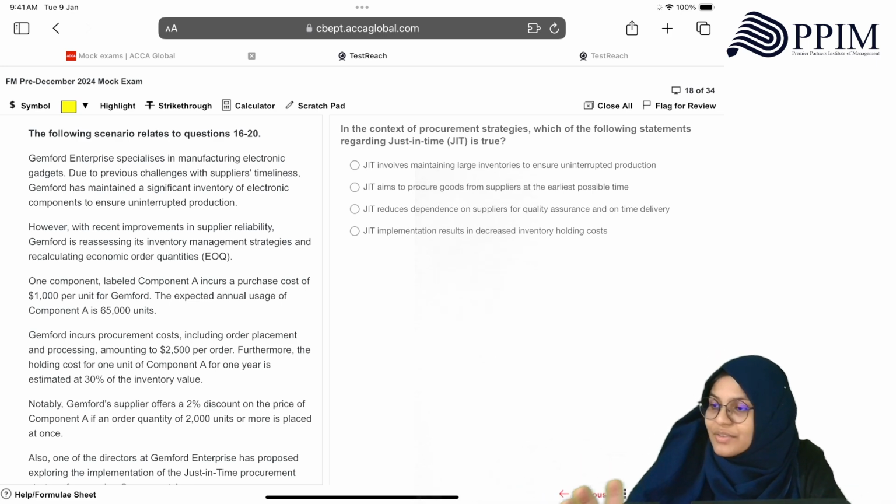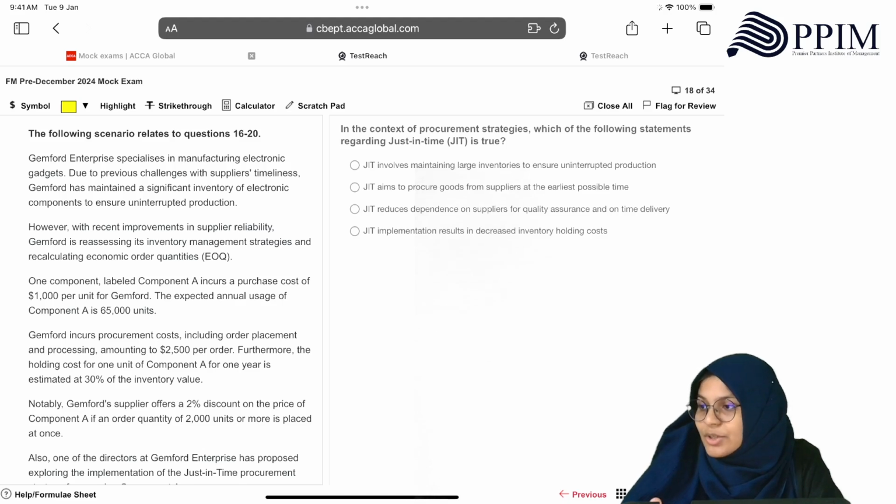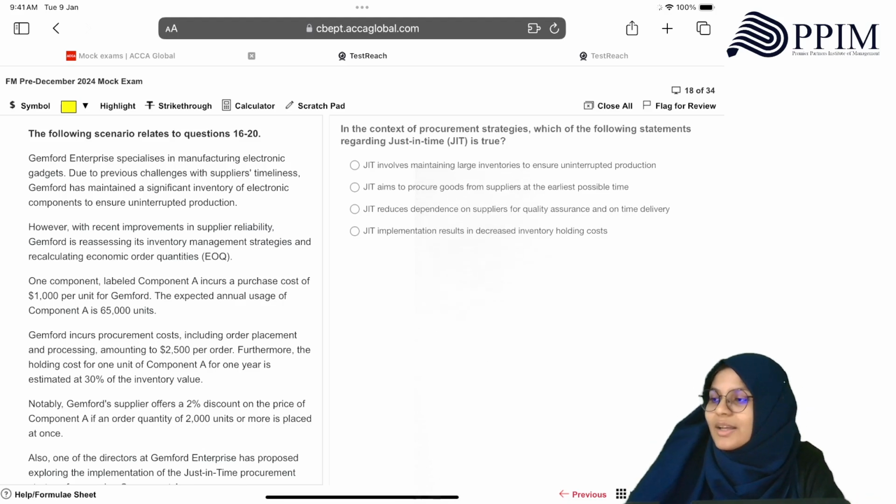That won't work with JIT because we are already placing the order at the last minute. D is saying JIT implementation results in decreased inventory holding cost. That is correct. Why? Because we are not going to hold inventory in our warehouse at all. Only after the order is placed are we going to place the order for inventory. So where are we holding it? We don't incur any holding costs. So the answer there is D.